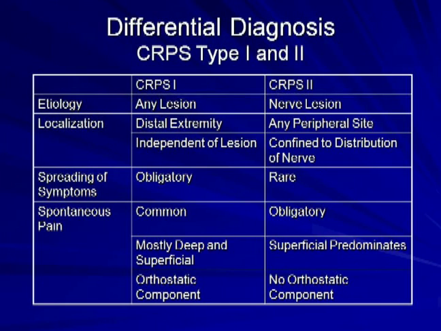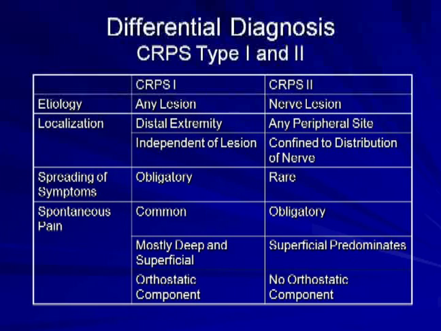You can go through each of these and see what the differences are in this categorization of CRPS 1 and CRPS 2. The reason I'm not going to spend a lot of time on it is because, as I said, the plan was that this would be a transitioning step to get people used to the concept of complex regional pain syndrome and applying it to RSD and to causalgia.